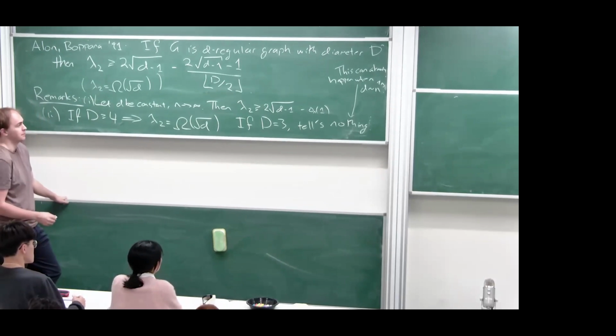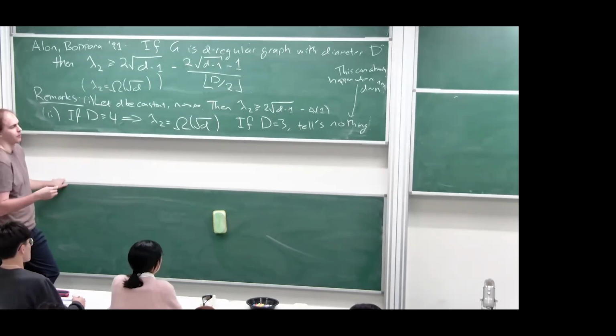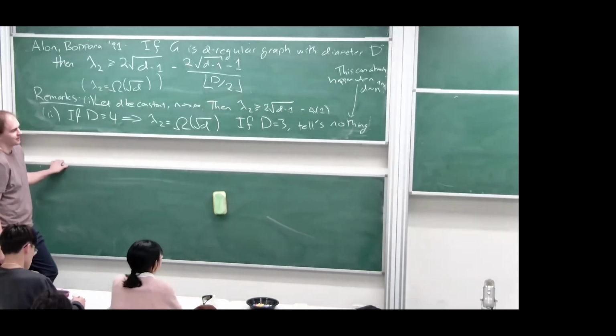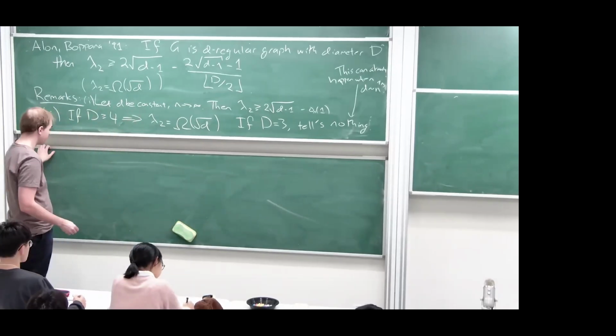It's still good because it addresses a bunch of regular graphs where d is already like a polynomial in n, but it's slightly disappointing that we don't get further than n to the 1/3.